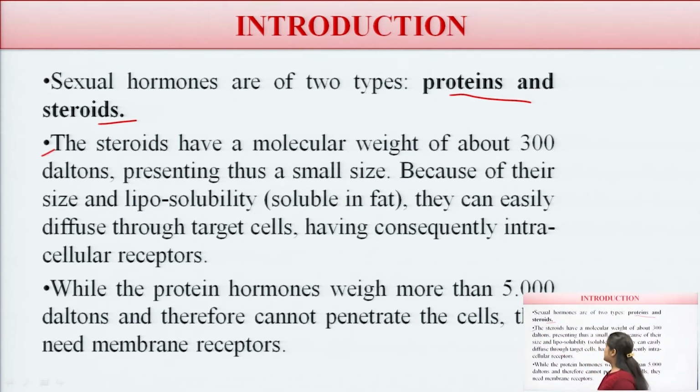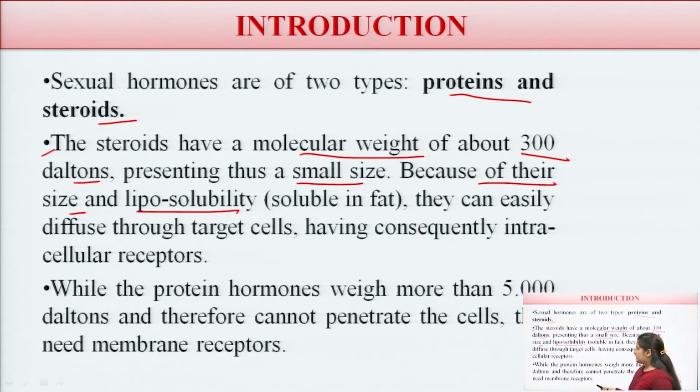The steroids have a molecular weight of about 300 daltons, which is a small size, and because of their size and liposolubility, they are soluble in fat. Lipo means fat, right?